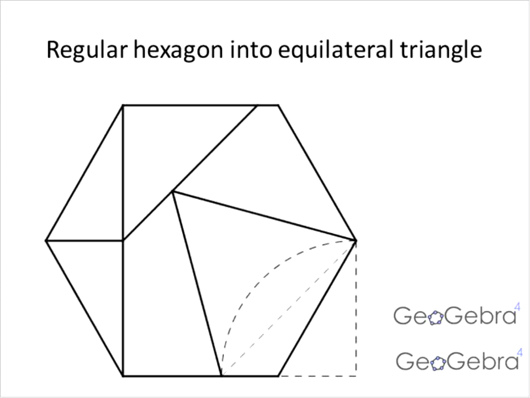But it's a compass construction of how you can turn a regular hexagon into an equilateral triangle. And I think it's mathematically interesting when you try to prove that those 6 pieces do genuinely form an equilateral triangle. And before I show you where the difficulty is there, I'll run through the individual steps.